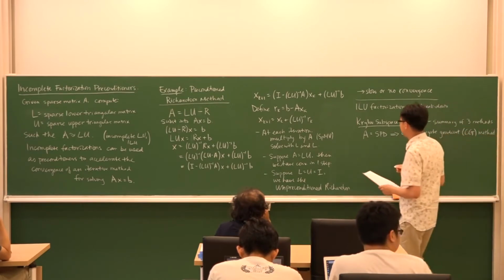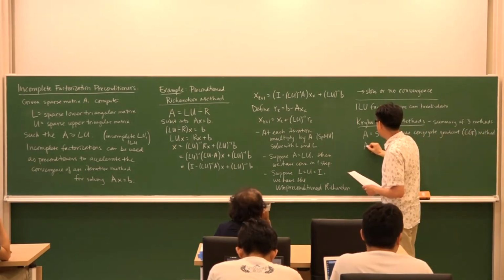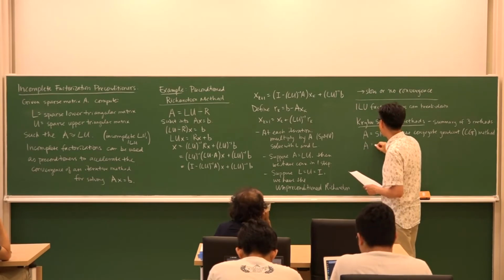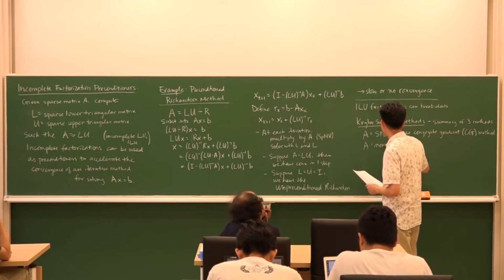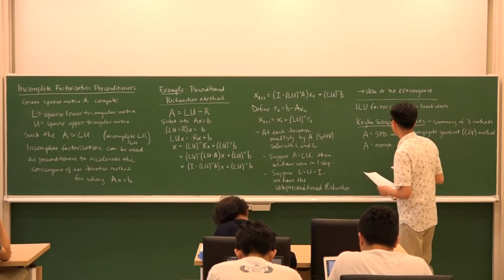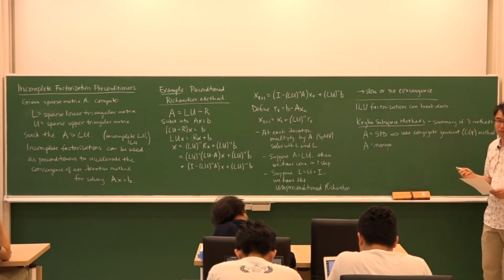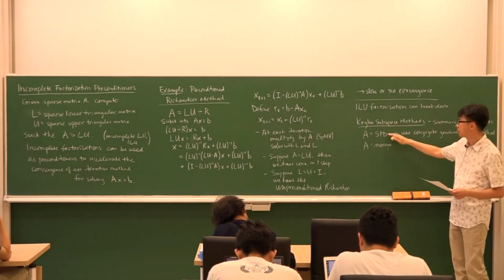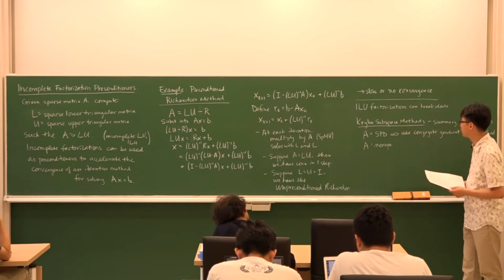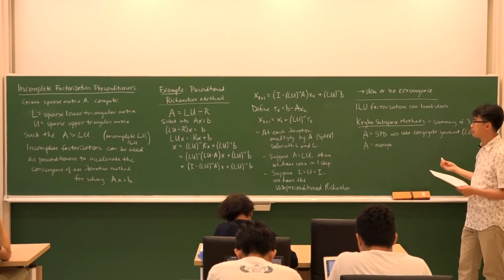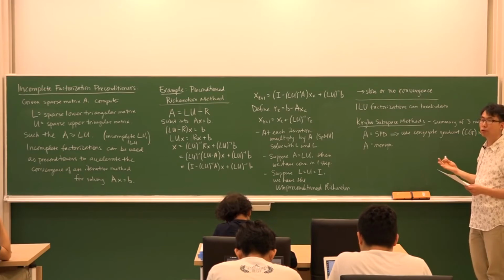Okay? So now suppose that A is non-symmetric and maybe even indefinite. Okay? For symmetric indefinite, there are some other options, but I'm not going to talk about those. Then there are some other options, and I'll just mention two of them.